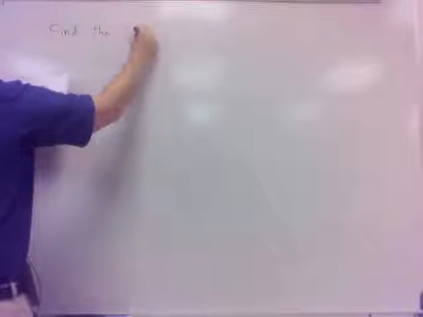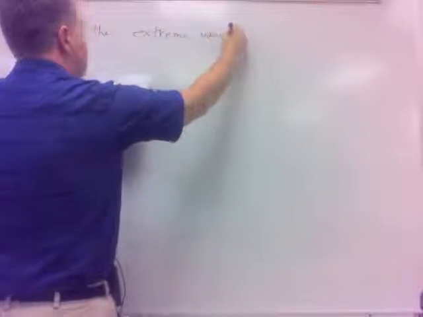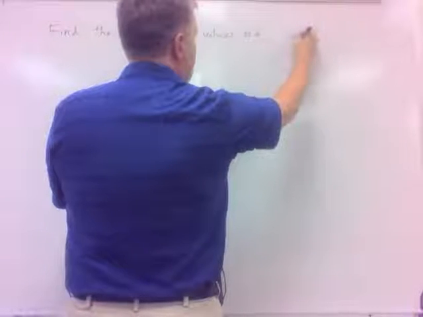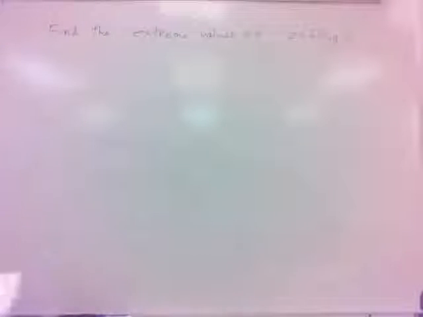So let's say we've got an f of x y. So we want to find the extreme values of some two-variable function is equal to f of x y, whatever.